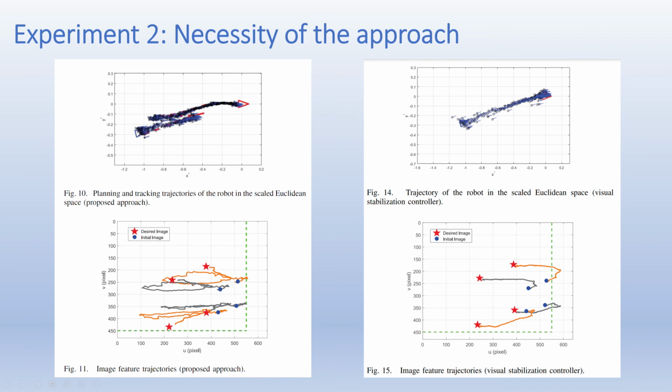And this also shows the necessity of this approach if you want to make sure that the feature point is within the camera field of view constraint when applying it to the mobile robot during the whole process.